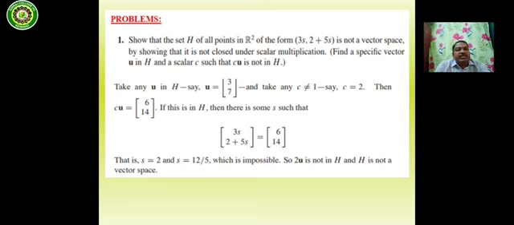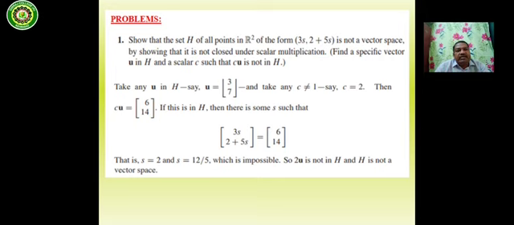So here first we will take any u in H, say u equal to (3, 7) for example, and c not equal to 1. Then what is Cu by definition? C times u.